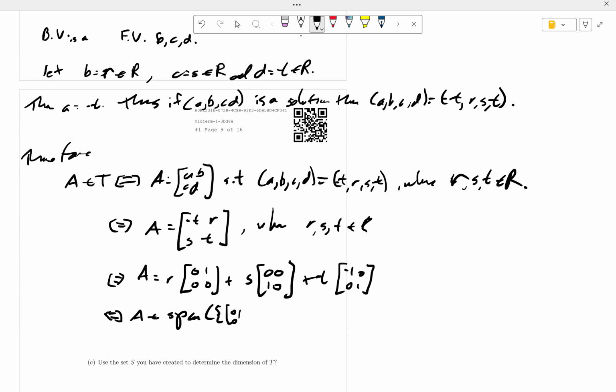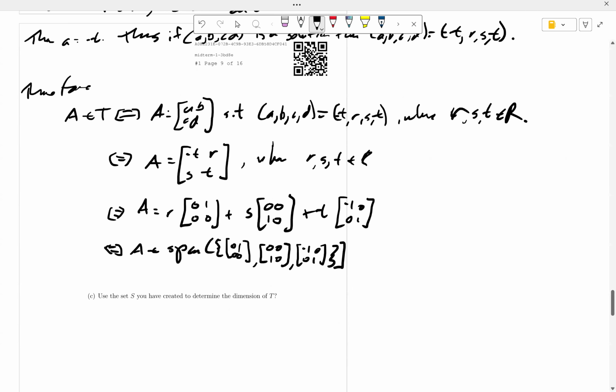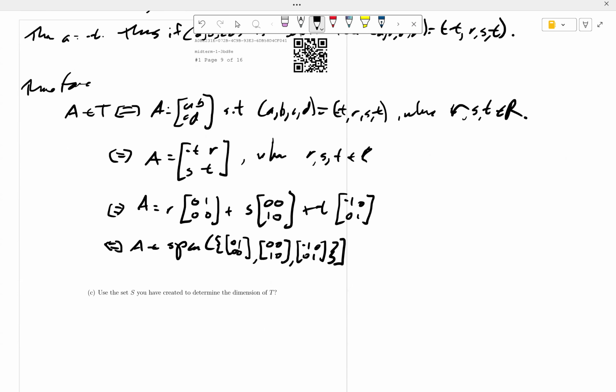(0, 1, 0, 0), (0, 0, 1, 0), (-1, 0, 0, 1). Okay, now we were told to create a basis. We have created a spanning set. So this set here is a spanning set.